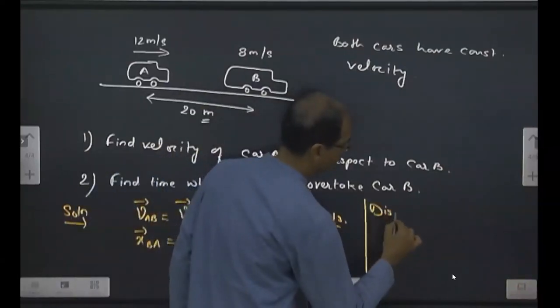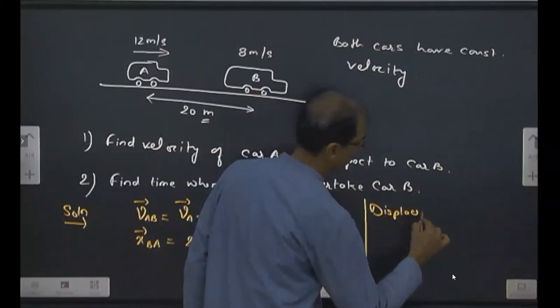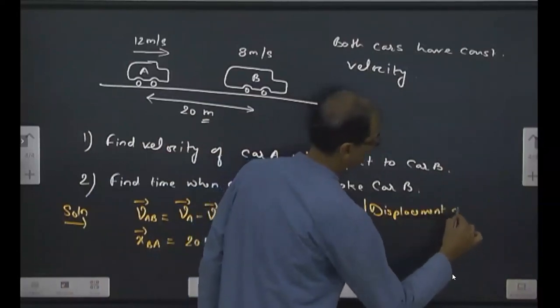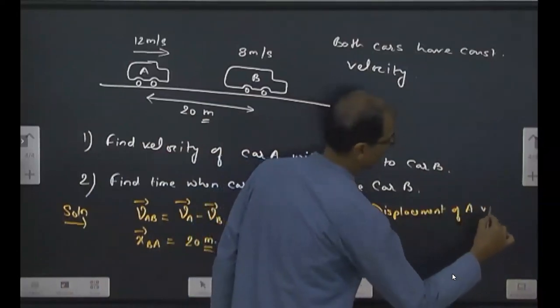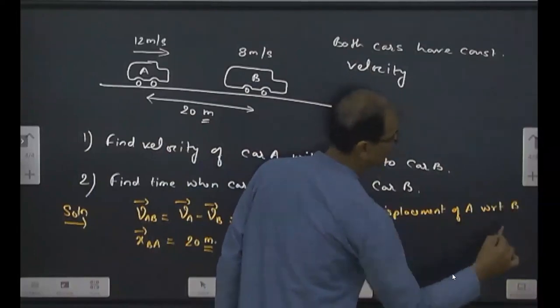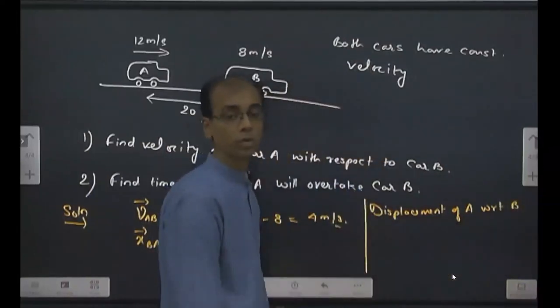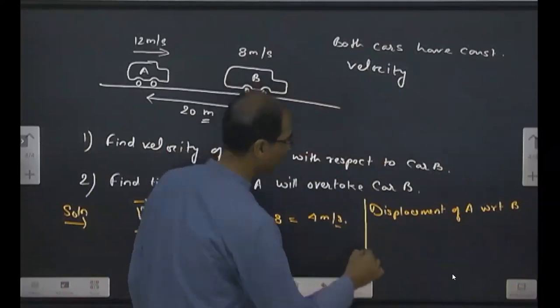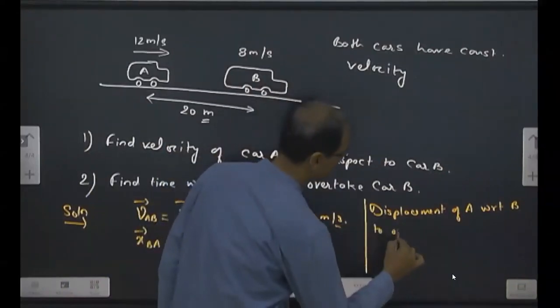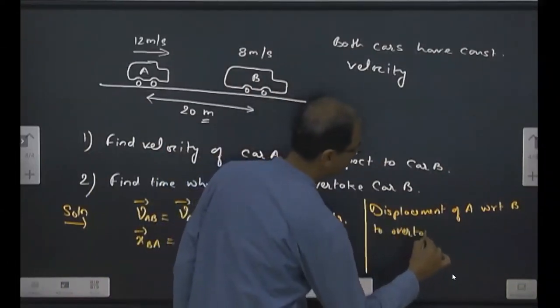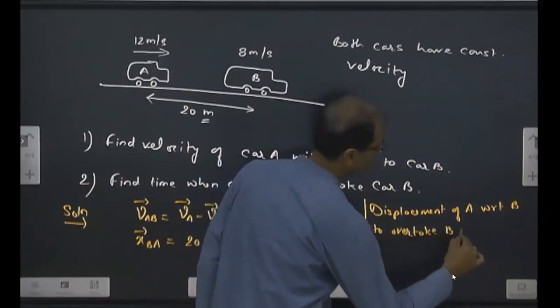Displacement of A with respect to B to catch B or to overtake B is 20 meters.